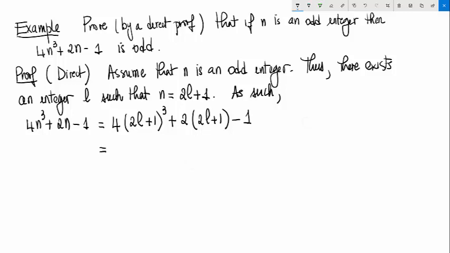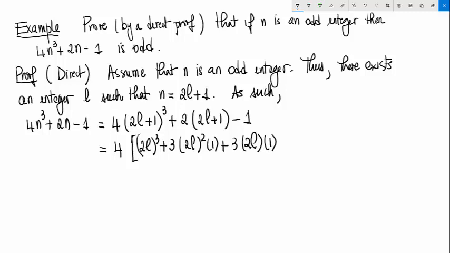And now we will expand things out. So we get 4 times (2L plus 1) cubed becomes 4 times (2L cubed plus 3 times 2L squared times 1 plus 3 times 2L times 1 plus 1) plus 4L plus 2 minus 1.